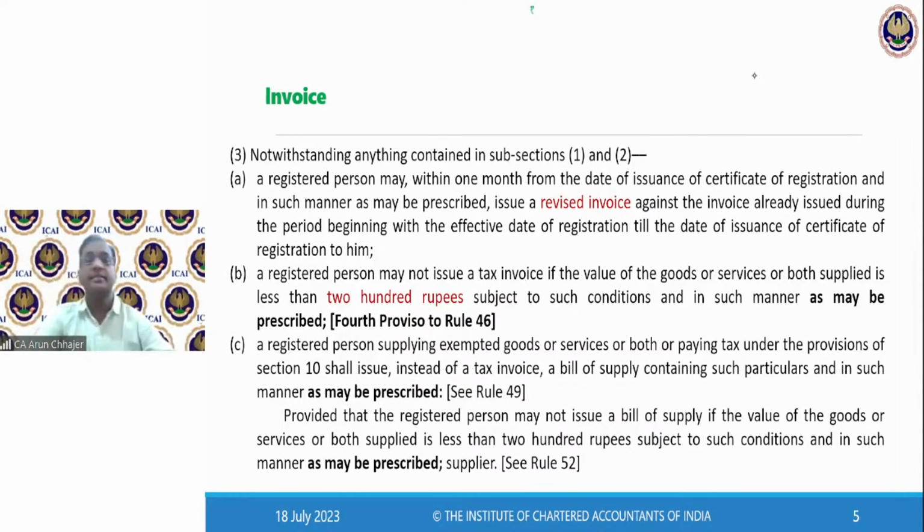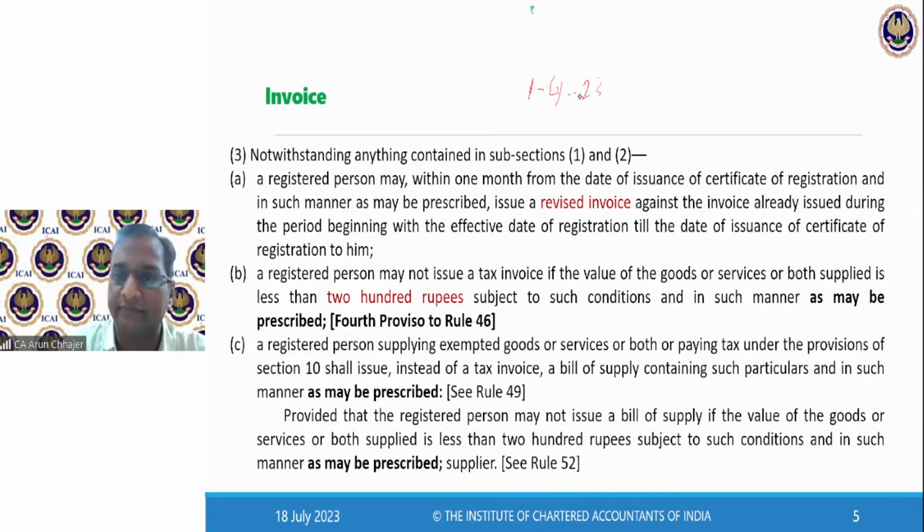First is the revised invoice. What is the concept of a revised invoice? Let's say that I was liable to take the registration on 1/4/2023 because my turnover crossed the threshold limit.